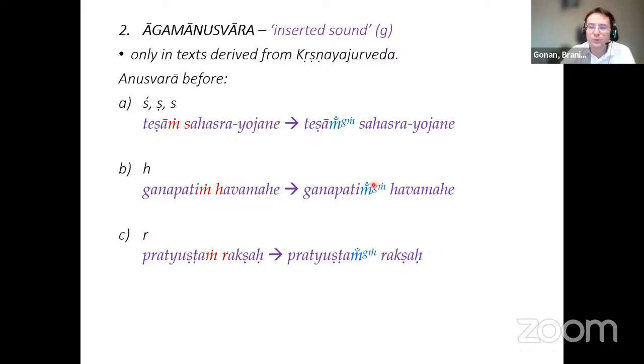So that's why we have inserted here in superscript next to the Anusvara this Gum sound. Whenever you find a certain sound in superscript in our text, this is the way it should be pronounced. Okay.